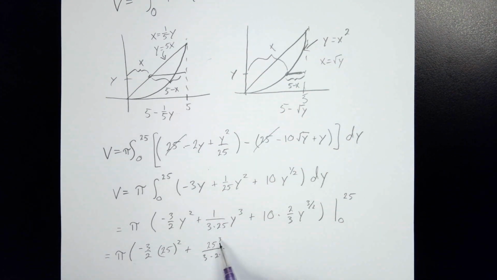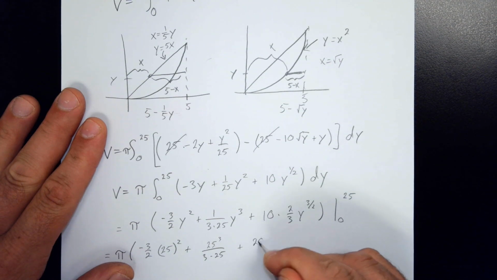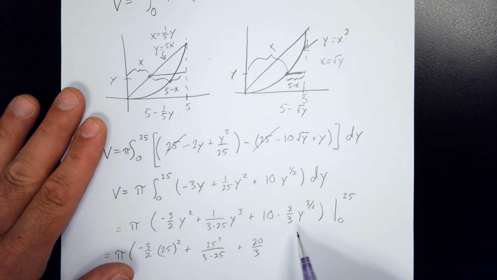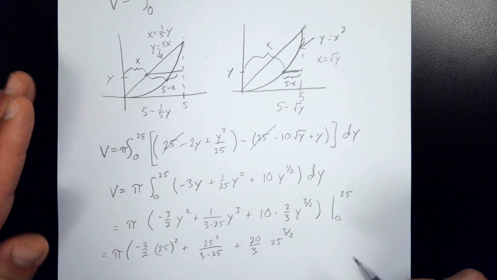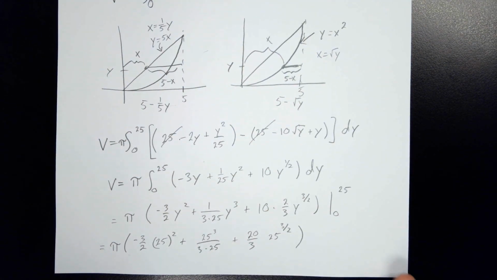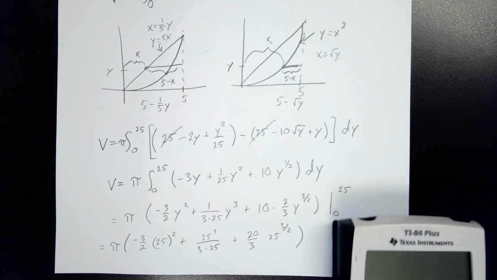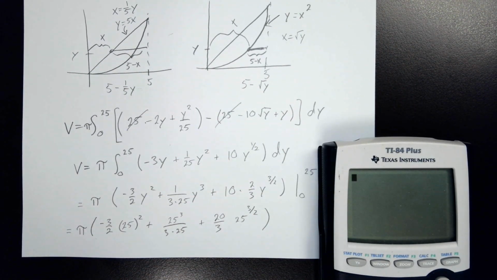So you could cancel out one of the 25s there with one of the 25s there if you wanted to, plus 20/3, 10 times 2 is 20 over 3, 25 to the 3/2, minus 0. Now at this point, there's not a lot of benefit to doing more algebraically. You should probably just plug this into your calculator. So if you want to watch me plug into the calculator, that'd be fine. Otherwise, you can do that, but let's see what I get.